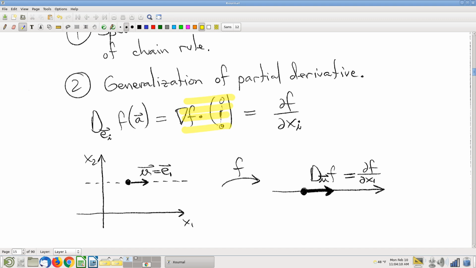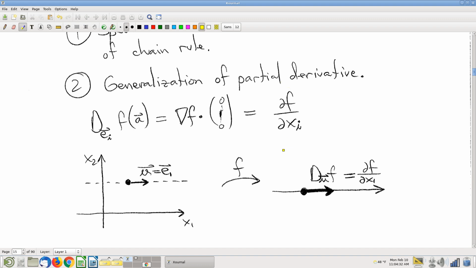Most of those terms are zero, and what you end up with is literally the corresponding coordinate of that gradient. Namely, you get the corresponding partial derivative. So partial derivatives are special cases of directional derivatives. Directional derivatives are special cases of the chain rule point of view.